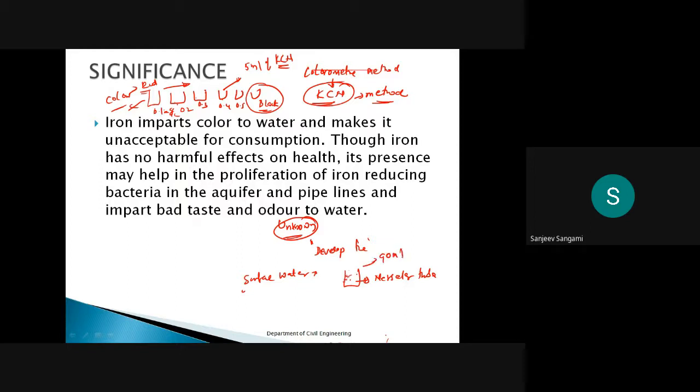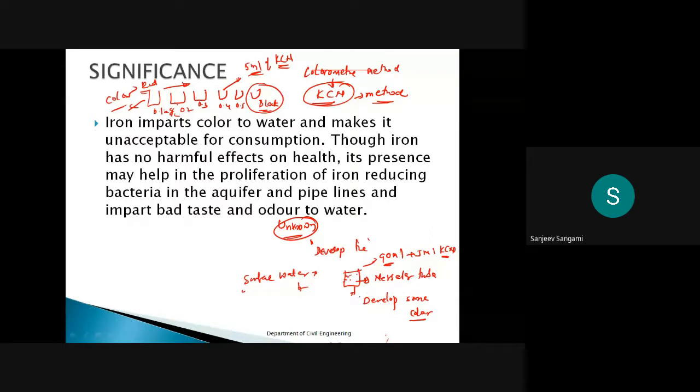Then add 5 ml of KCN solution, that is potassium thiocyanate. Then make it up to 100 ml using the same surface water. Then it is going to develop some color.